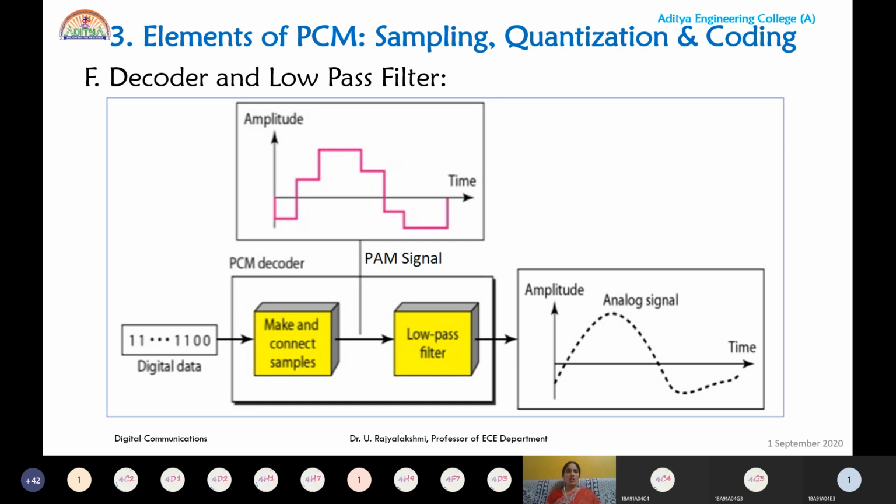Please always remember that the decoder divides the n-bit sequence into a certain number of frames such that each frame consists of n bits.